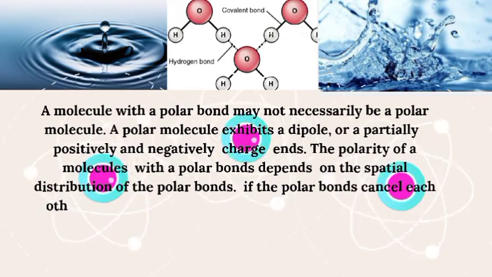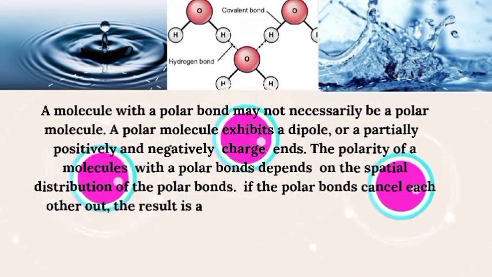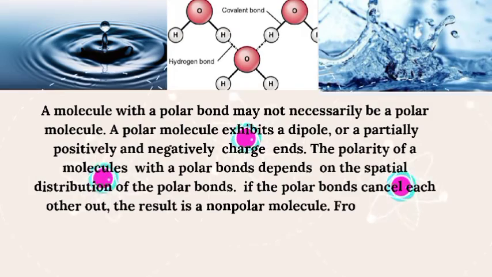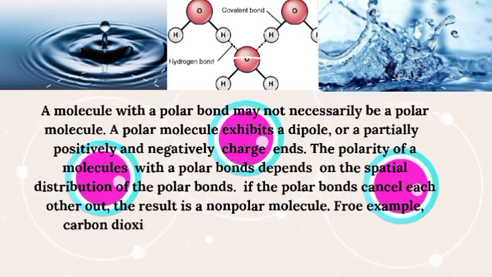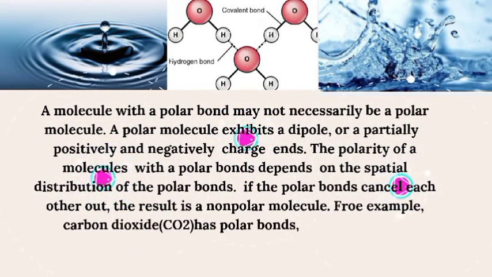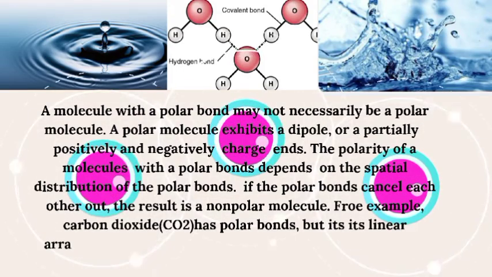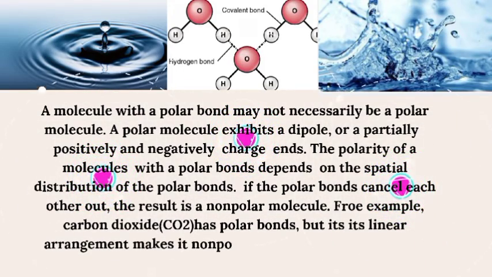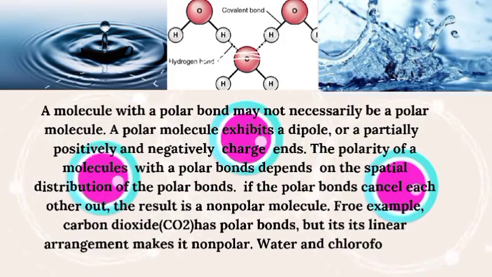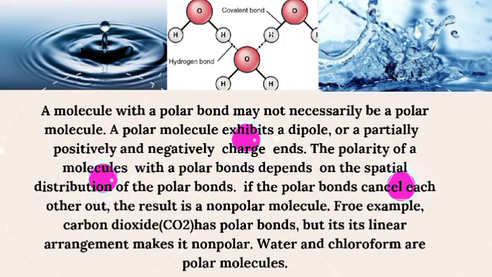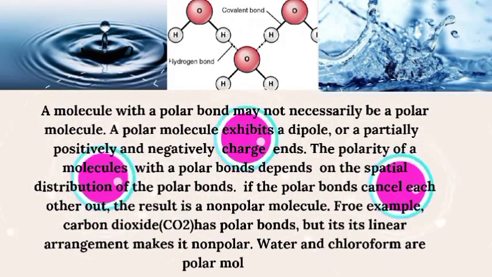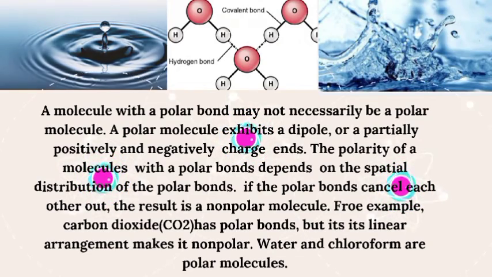If the polar bonds cancel each other, the result is a nonpolar molecule. For example, CO2 has polar bonds, but its linear arrangement makes it nonpolar. Water and chloroform are polar molecules.